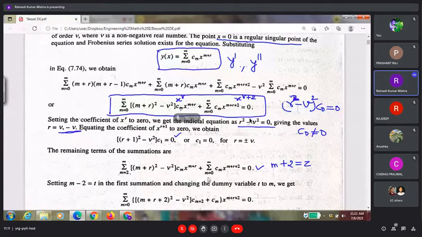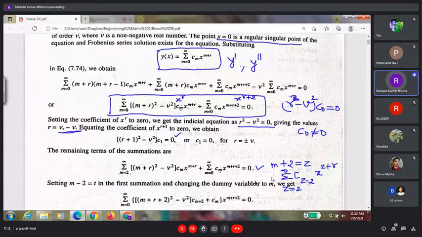So when m equal to 0, z equal to 2, so the summation z equal to 2 to infinity c_(z minus 2), with m replaced by z minus 2, and x to the power m plus 2 equal to z, so z plus r.